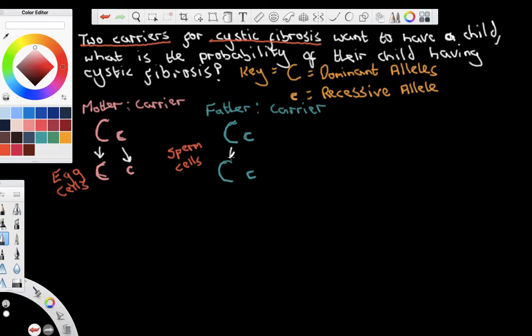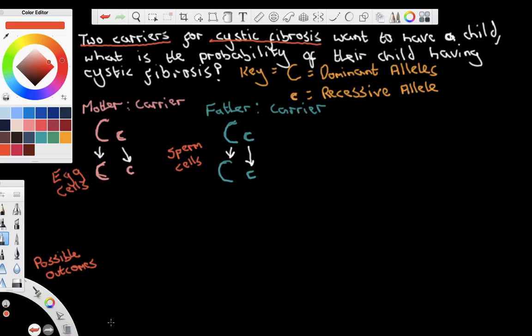Remember, for every gene in your body, you receive two alleles, one from your mum and one from your dad. So what we could do is we could write down here our possible outcomes.